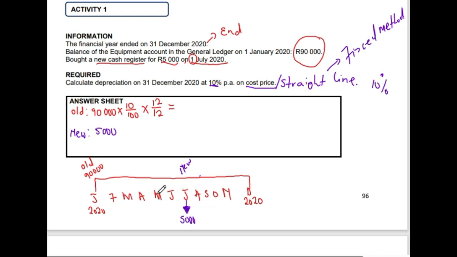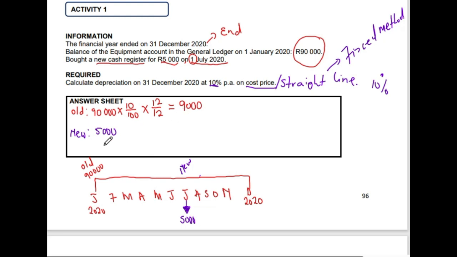It's 12 months. So 90,000 multiplied by 10 divided by 100 multiplied by 12 divided by 12. Then this old equipment will depreciate with how much? With 9,000 rand. It's for old.